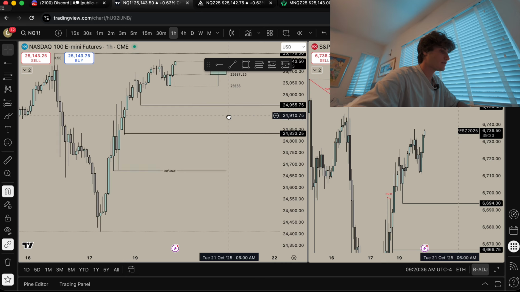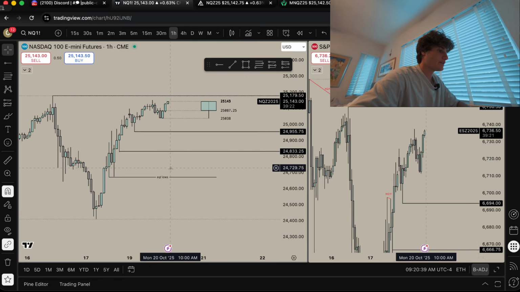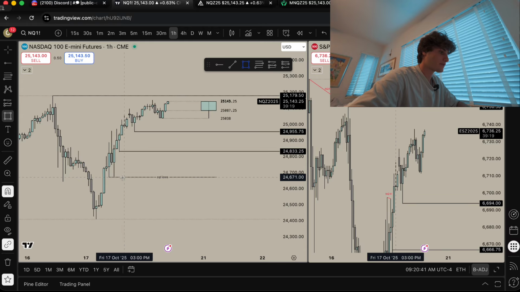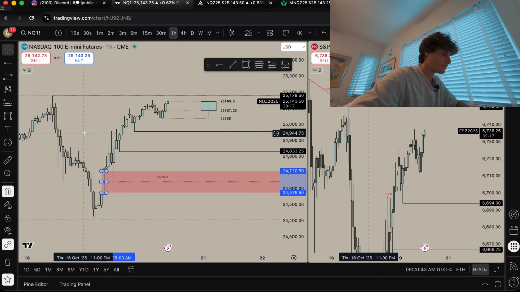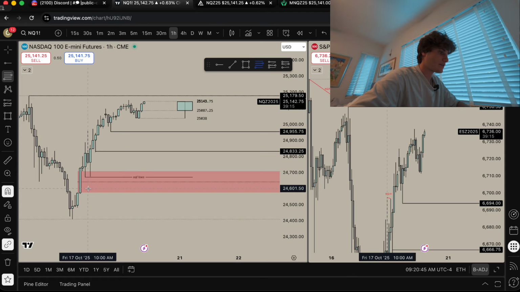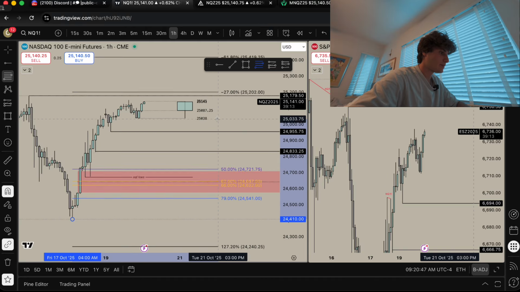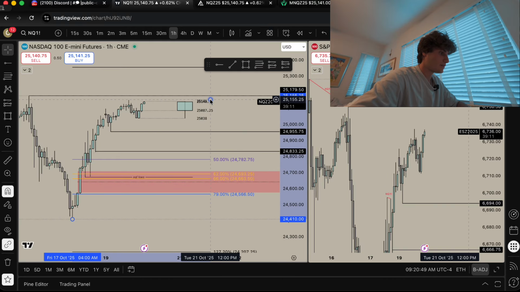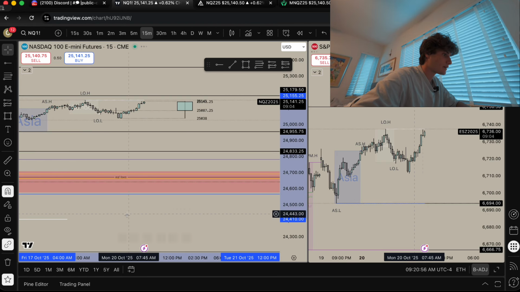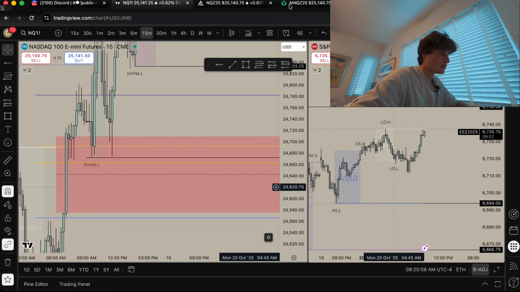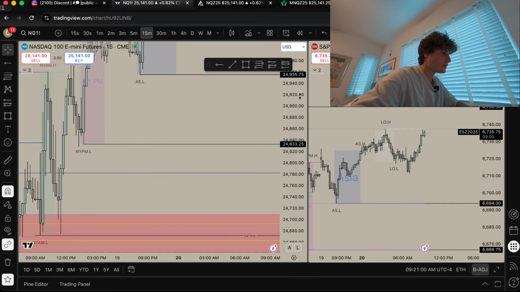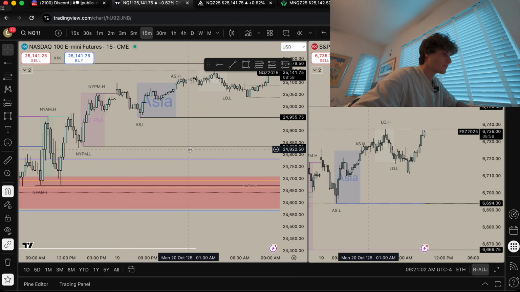Okay, so as you can see, these beautiful wicks are inside of this hourly gap, and are also deep in premium. They're in the golden pocket, so that's beautiful. If you take a look at this range on the hourly or the 15-minute, we have all of these lows.